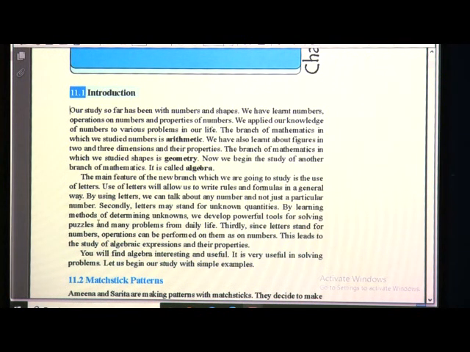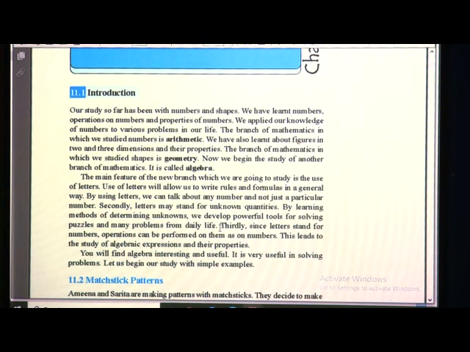By learning methods of determining unknowns, we develop powerful tools for solving puzzles and many problems from daily life. In our day-to-day life, we find many things which are in the form of unknown quantities or values. So by using this tool, we can solve many problems in our day-to-day life.